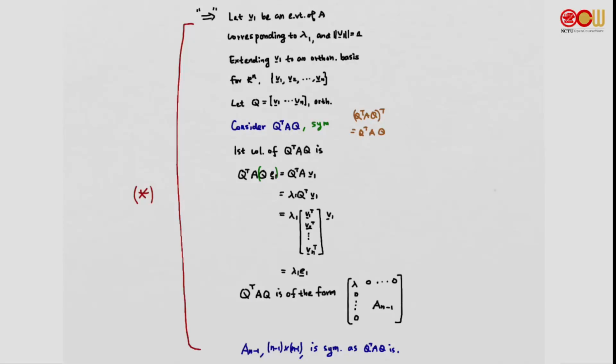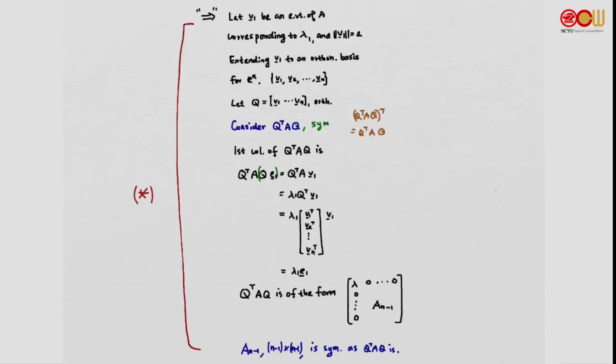First we find an eigenvector of A, we extend it to an orthonormal basis, then we consider this product Q transpose A Q, then we see that this Q transpose A Q is of this form. The first column and first row is like a diagonal matrix, but now in this bottom right corner we have a smaller symmetric matrix.